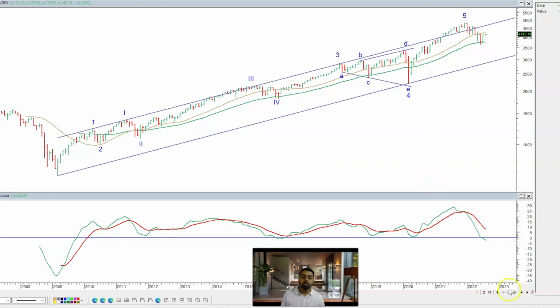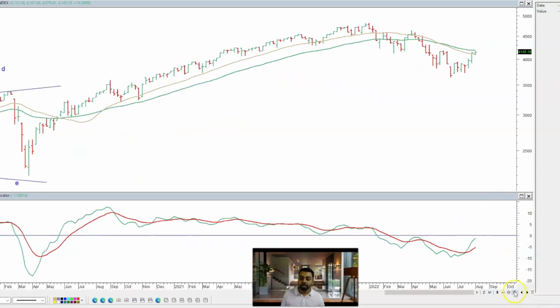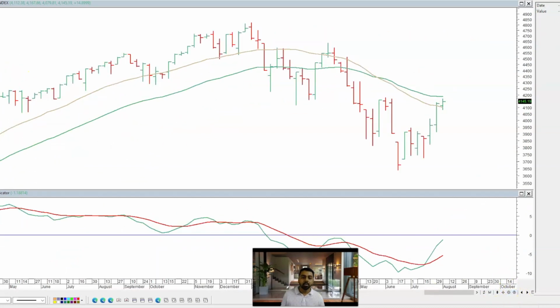Now let's examine why. When I go to the weekly chart, you can see that there has been a leading diagonal in this entire fall.